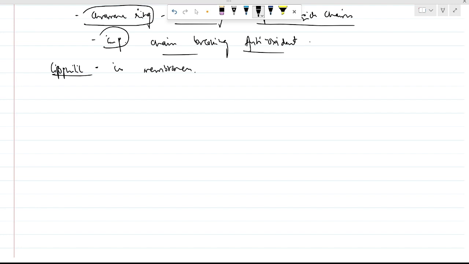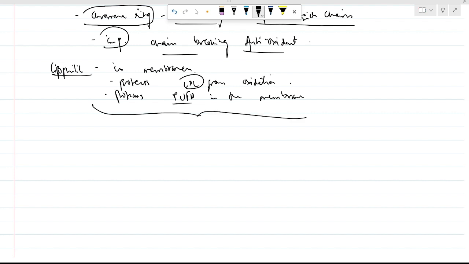It protects LDL from oxidation and protects PUFA, polyunsaturated fatty acids, in the membrane.